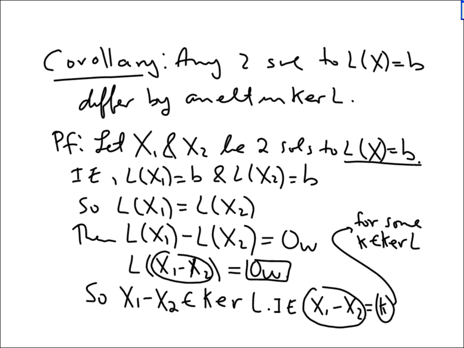They differ by something in the kernel. Bringing this to the other side, we have x1 is equal to x2 plus k. These x1 and x2 are not equal, they just differ by k, something in the kernel.